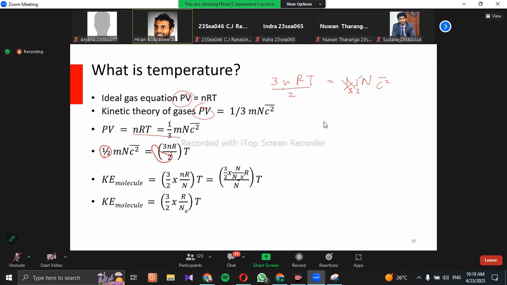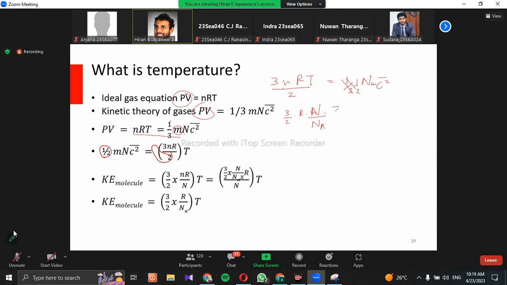okay, so m is missing, right? So this m, I missed it, I'll put it here. So now what I have is 2 divided by 2, into R into n. n, if you want, I can rewrite as capital N divided by Na, right? So this is the number of molecules divided by the number of molecules required for 1 mole. So that is the number of moles, right?